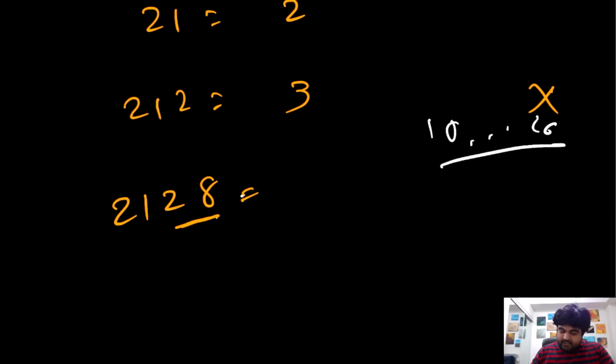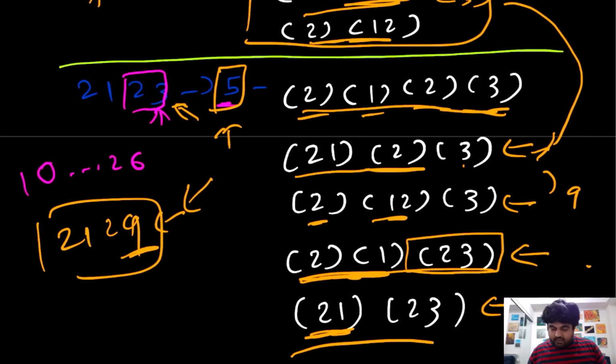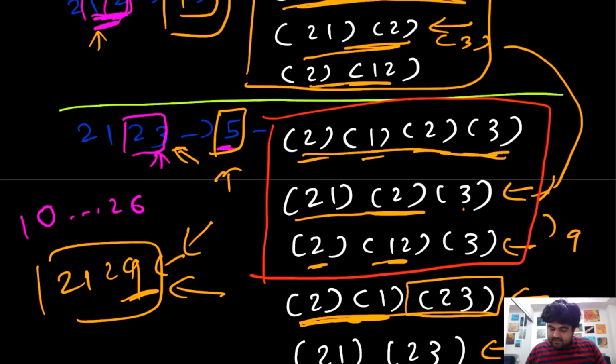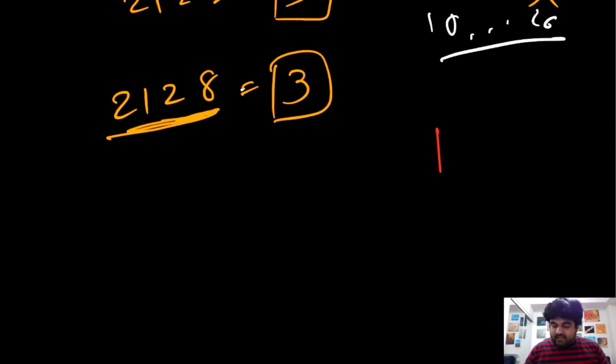We simply need, whatever the routes we can make before this element, that would be the only possibility we would be able to decode this one as well, because as I just showed you over here, I was adding a 9, and because I was adding a 9, I was only able to make the new decode paths for these three elements. I won't be able to generate these two values, and this becomes our recurrence relationship, and this actually becomes our dynamic programming solution.